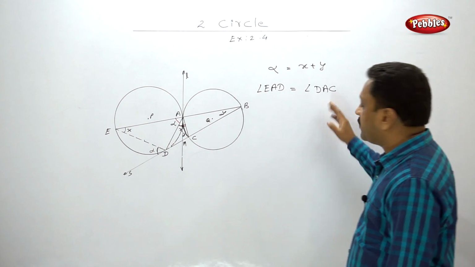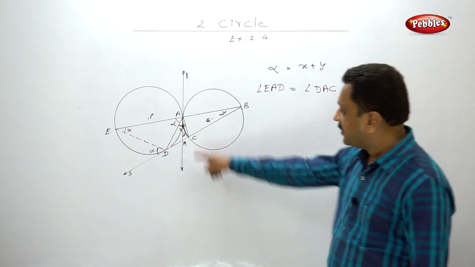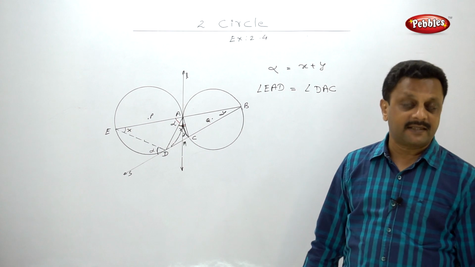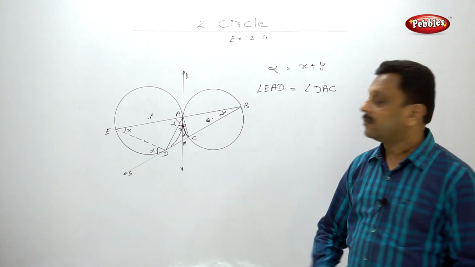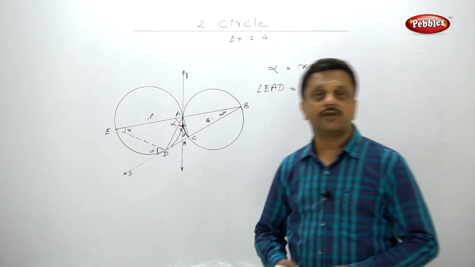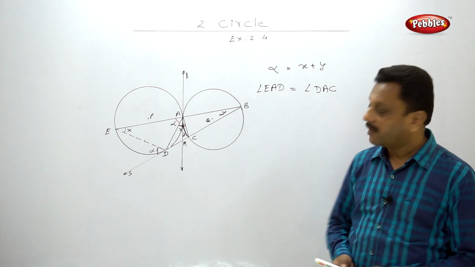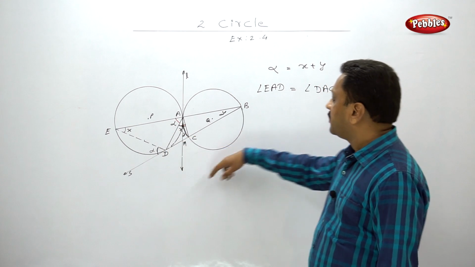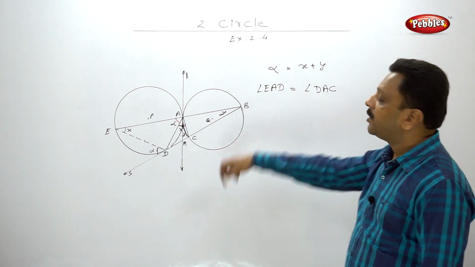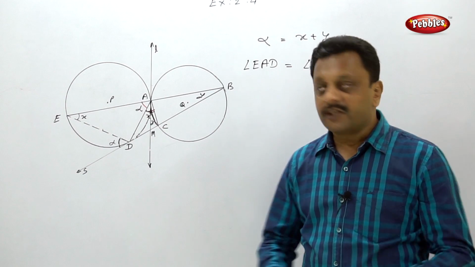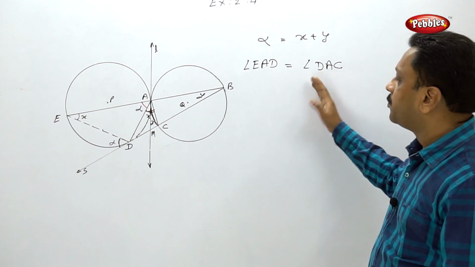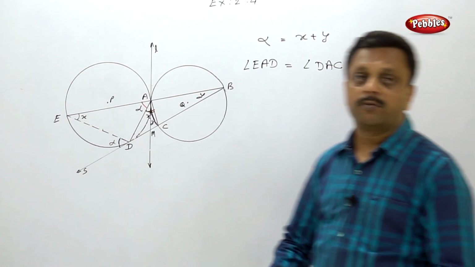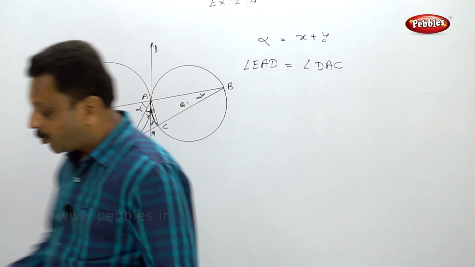So my EAD equals DAC, and hence AD is the angle bisector of the angle CAE, which is proved. Correct? In this way we have proved this problem, which was the last problem of exercise 2.4.